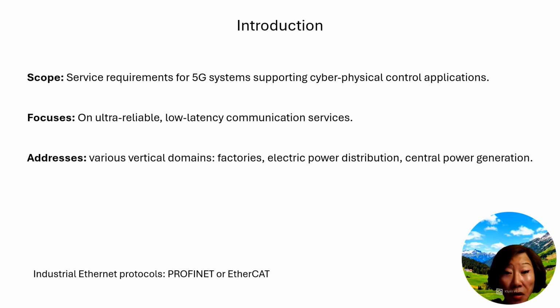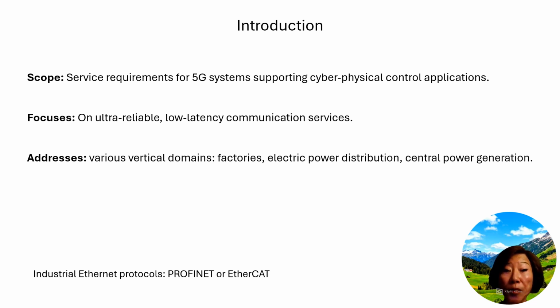This is achieved through various technological enhancements in 5G New Radio, NR in short, including flexible numerology, mini slots for shorter transmission times, and robust coding schemes. For industrial applications, ultra-reliable low-latency communication can enable real-time control of machinery, critical infrastructure monitoring, and autonomous systems.